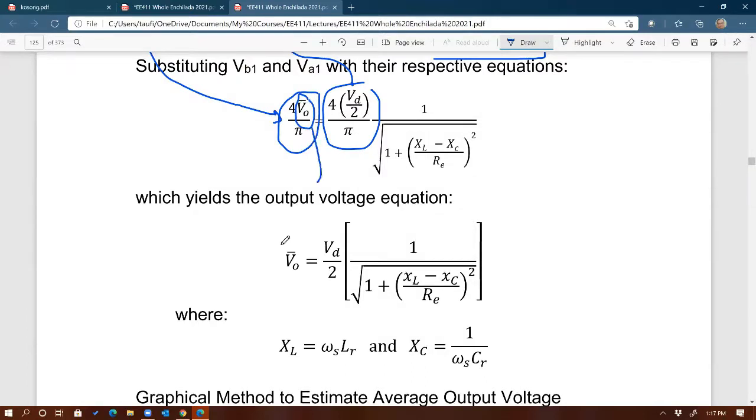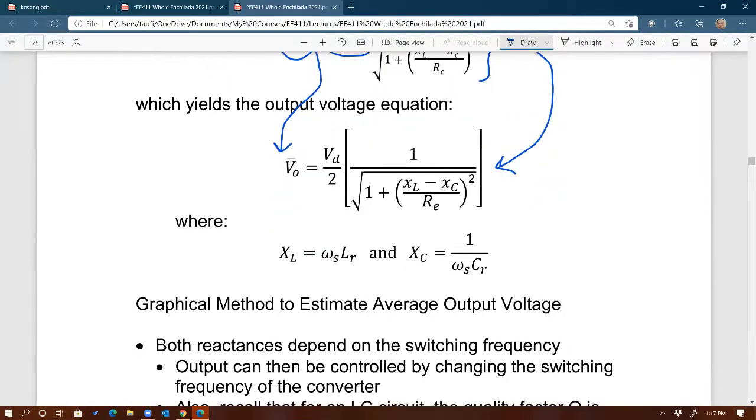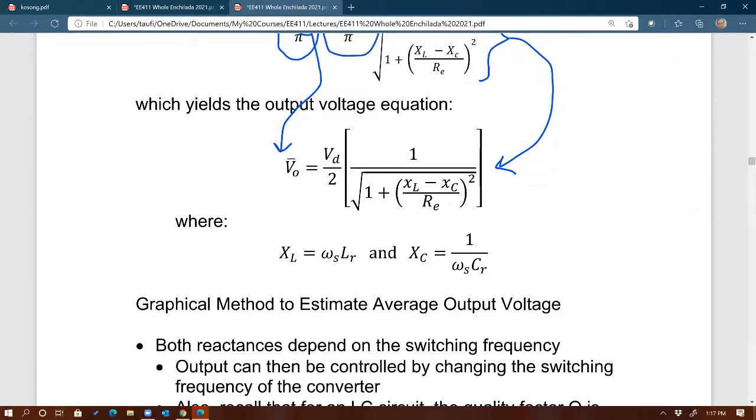You solve for V out from this equation, and you get a new equation for the average output voltage. Okay, so that's how we derive the equation for average output voltage. But keep in mind that this is an approximation. We're not using the square wave, we are using a sine wave approximation.